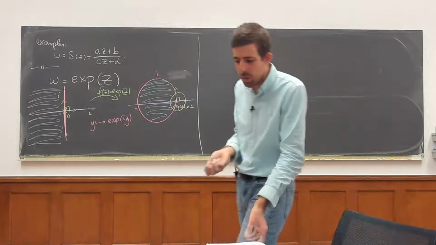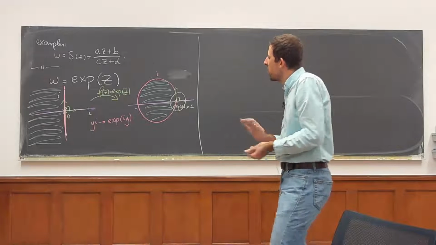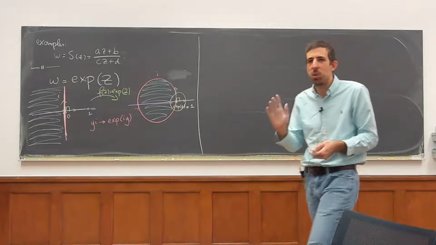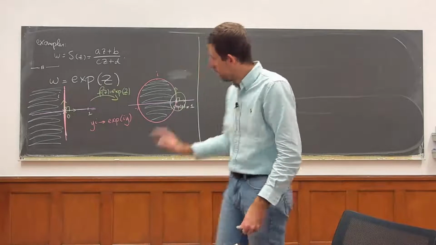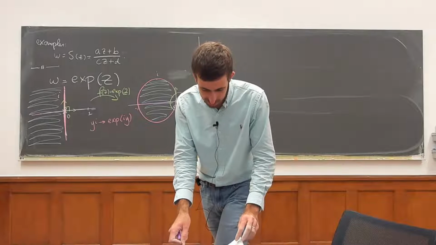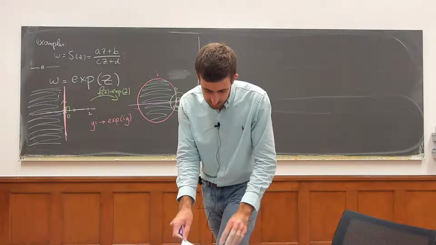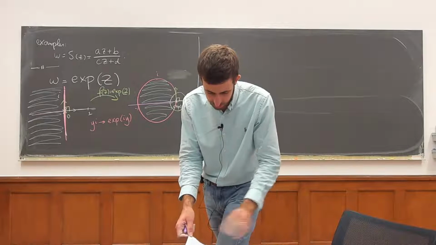This is one of the big theorems in complex analysis, which we may or may not have time to reach, depending on which path we decide to take. But I just wanted to give you a teaser of something that's to come. We'll definitely talk about it, even if I'm not sure we'll prove it.